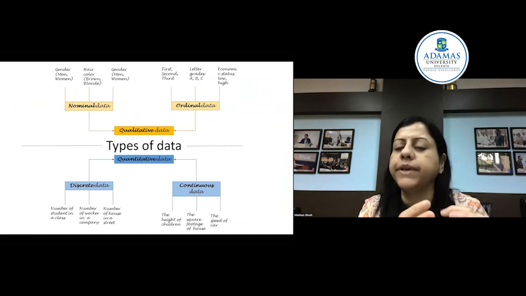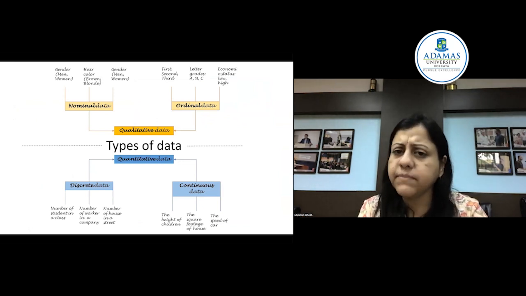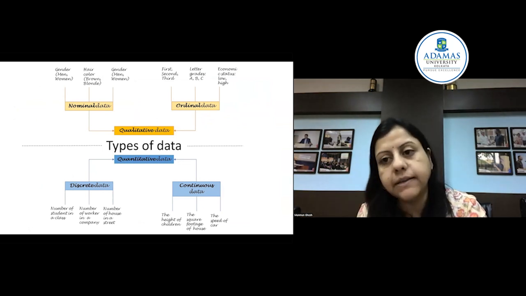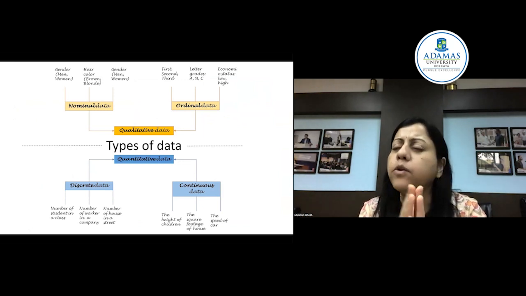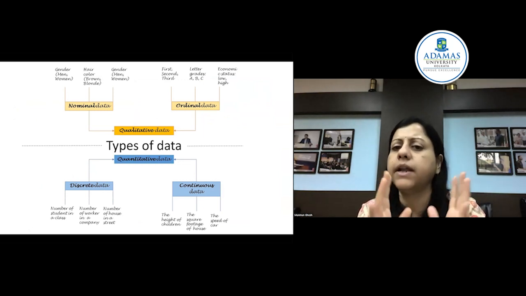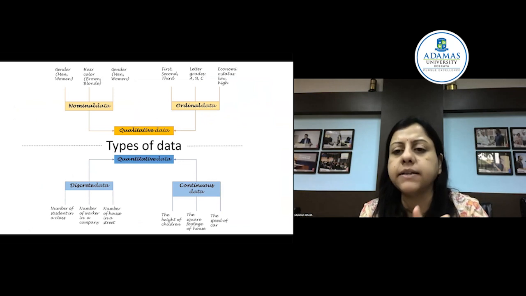So what type of data do we get? Sometimes we might come across categorical data. Categorical data means your gender, your name, your favorite color, your locality, your location, your address. All these come under categorical data.